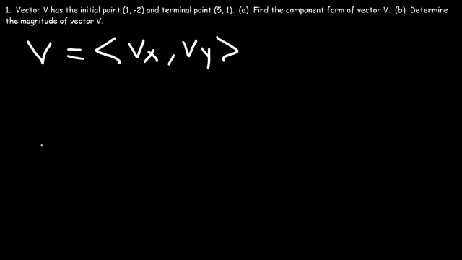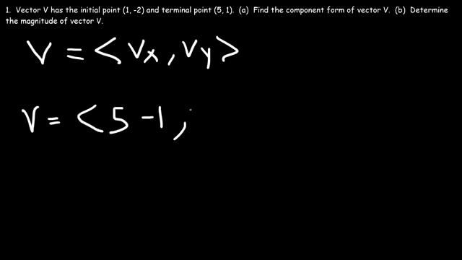What we need to do in order to find it is take the difference between the x values of the terminal point and the initial point. So Vx is going to be 5 minus 1. To find Vy, it's simply the difference between the y-coordinates of the terminal point and the initial point. So think of final minus initial.